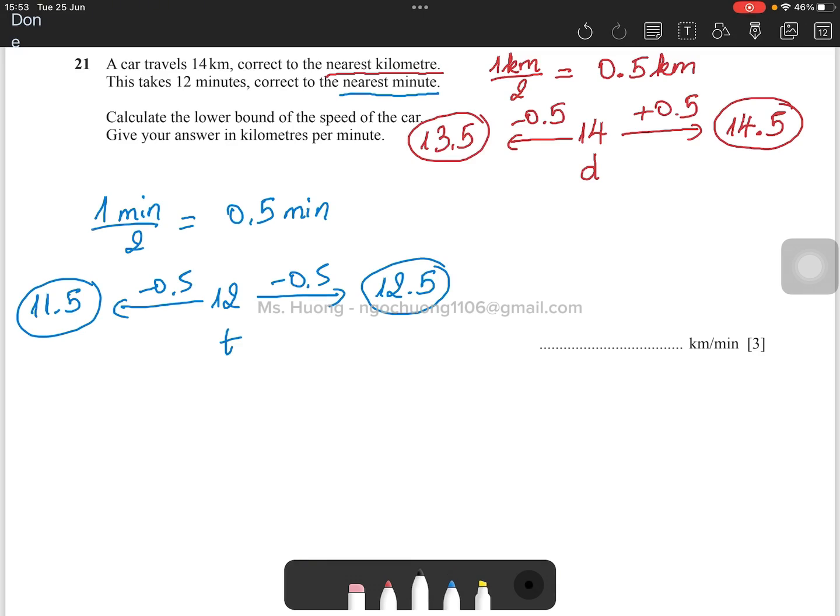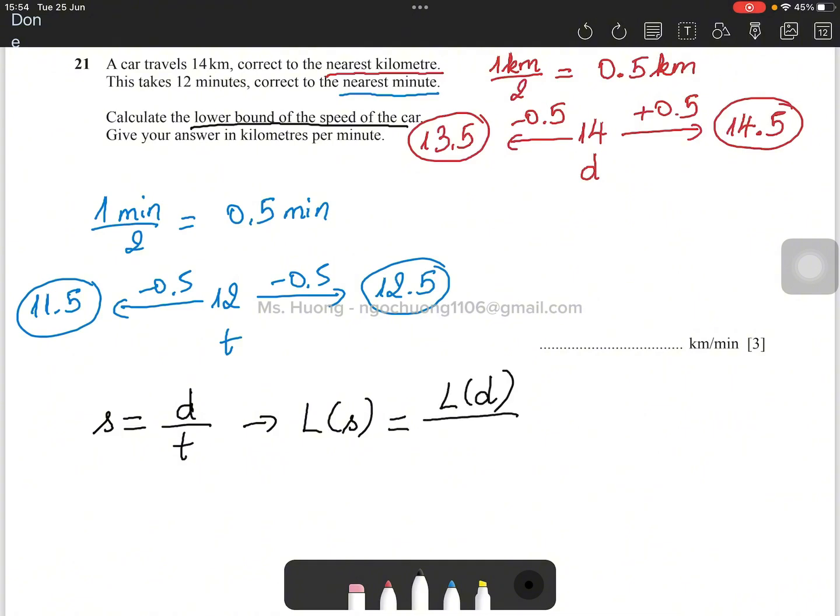And now we need to find the lower bound of the speed of the car. You know the speed of the car is equal to the distance divided by time, right? So if you want to find the lower bound of the speed, we need the lower bound of the distance divided by the upper bound of the time, which means we need the smallest number divided by the biggest number.